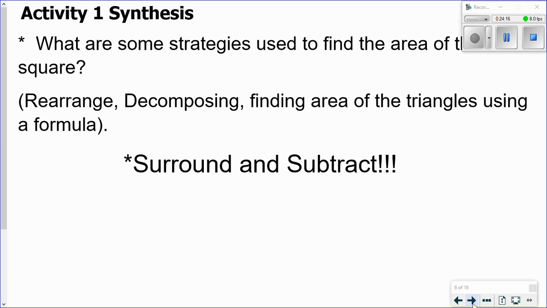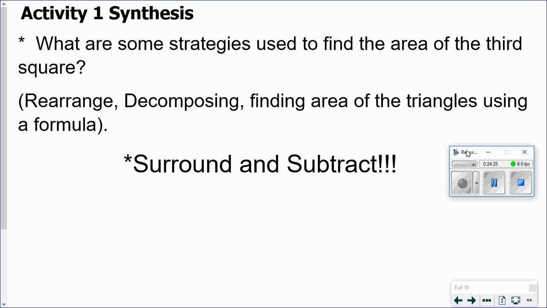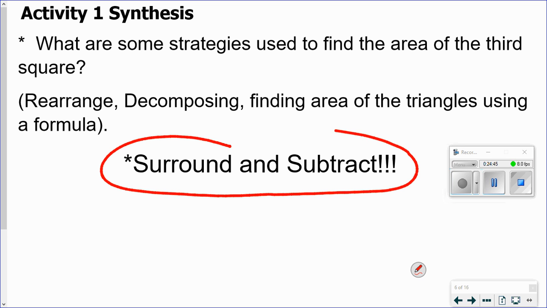All right. So, what are some of the strategies that we use to find the area of the tilted squares? Okay, so let's take a look here. Some of them were rearranging in the beginning, or decomposing and rearranging. And we definitely needed to utilize finding the area of triangles using our formula. But the main new one that's really going to be beneficial and help us is this concept of surrounding and subtracting.